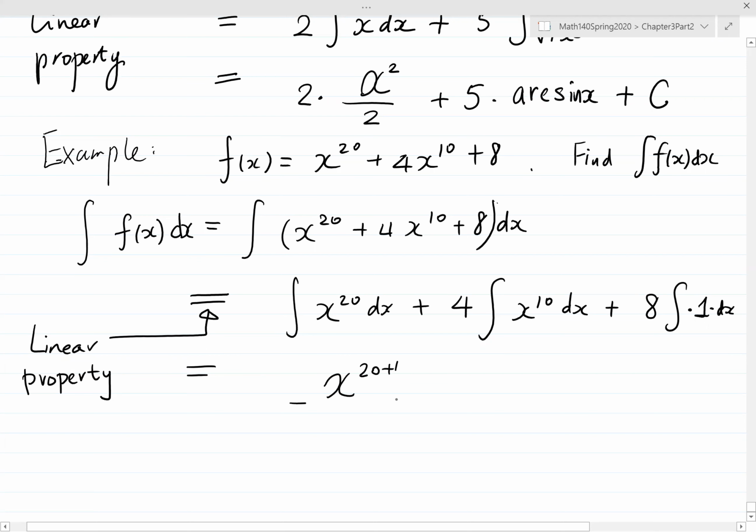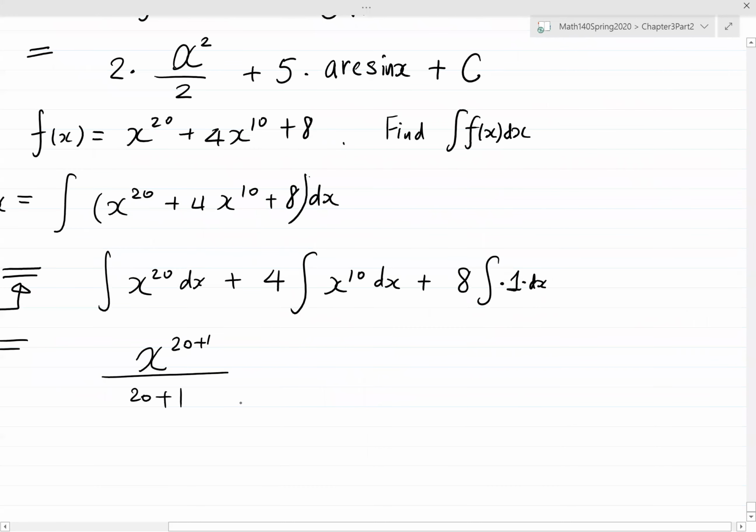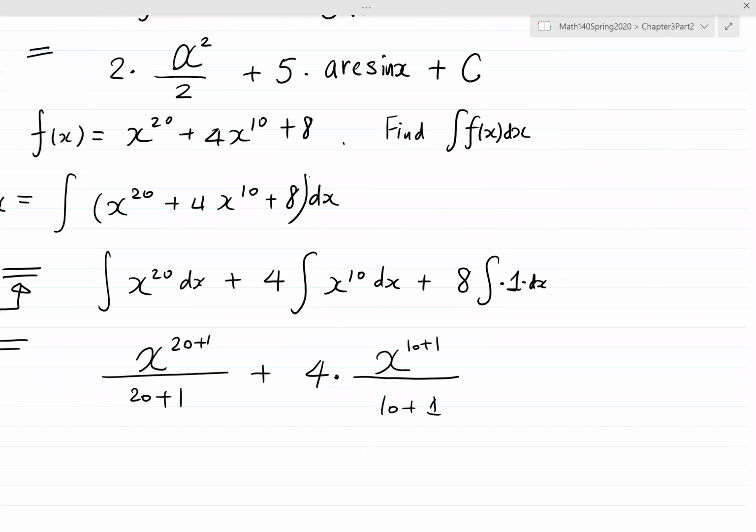And then divide by 20 plus 1. For x to the power 10, we increase the power, 10 plus 1, and then divide by the new exponent, then multiply the constant coefficients. The antiderivative of 1 is x, so this is 8x.